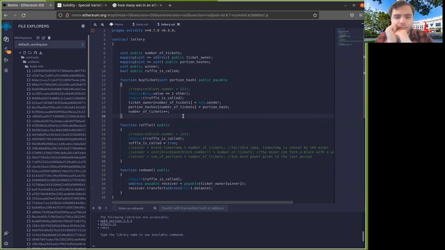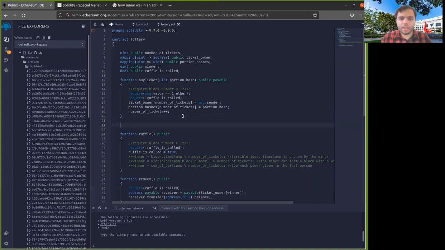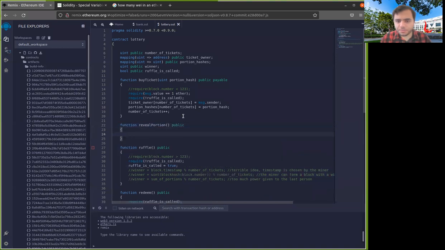And then of course, later on, you have to reveal your portion, right? So I will have another function. Maybe let's call it reveal portion. And it's also public. And the way it works is that you give a ticket number and you also give the portion itself.